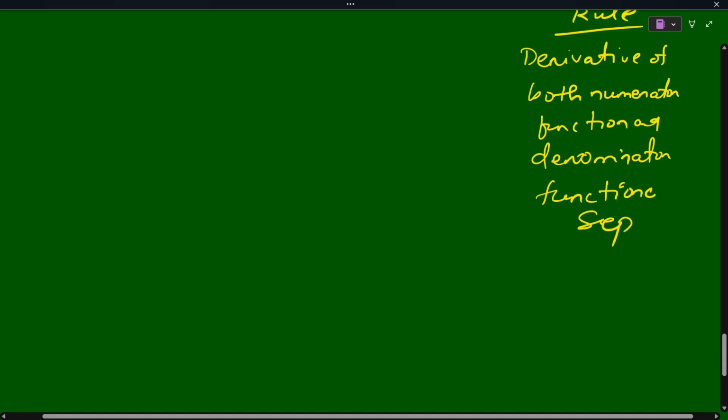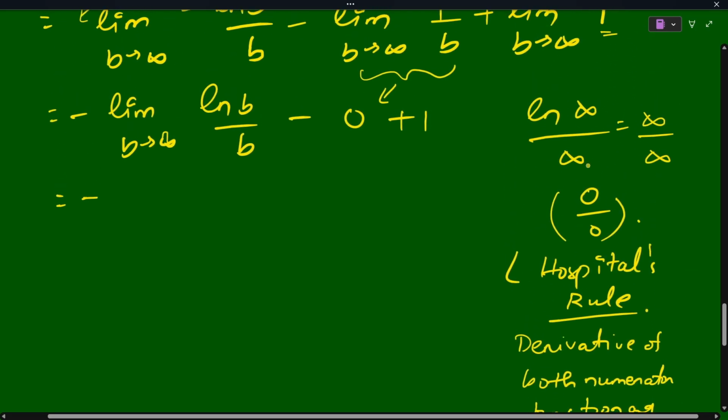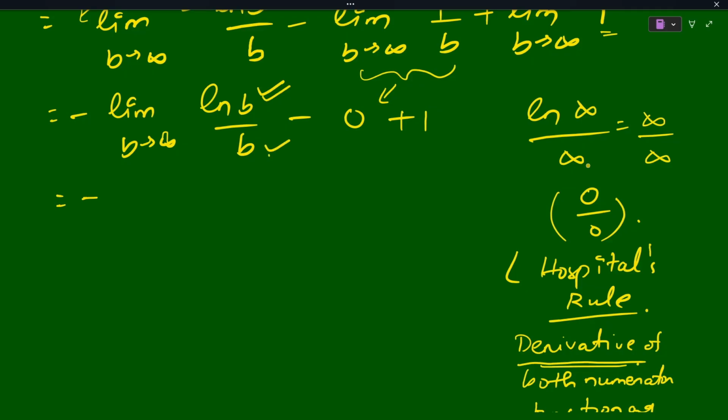So how to do that separately? Let's see. We will find the derivative, right? First thing is confirm that we have to find the derivative of this numerator and this denominator, and separately means they will stay in their position and we have to find the derivative.